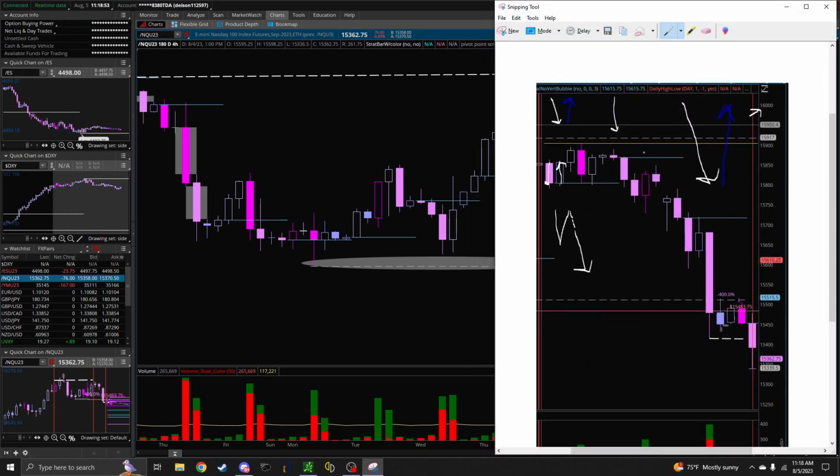So if we're looking at this right here, and we're going to look at this actual price range from the 15,900. We see it offered sell side, offered buy side, offered some sell side, offered buy side to fix this sell side to fix the buy side.